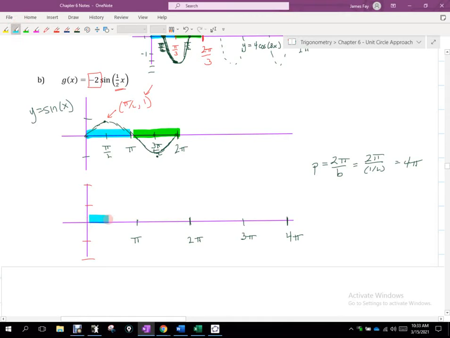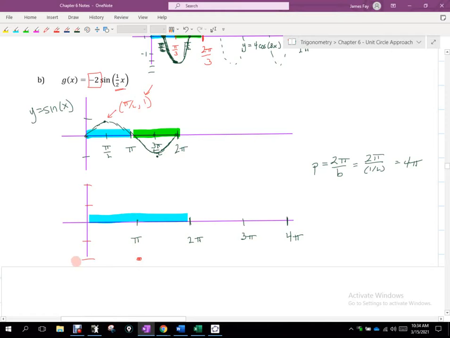But now when we stretch this out horizontally, it's going to happen halfway in between that interval from 0 to 2 pi. So this will end up being pi, and this will end up being negative 2. So pi, negative 2.